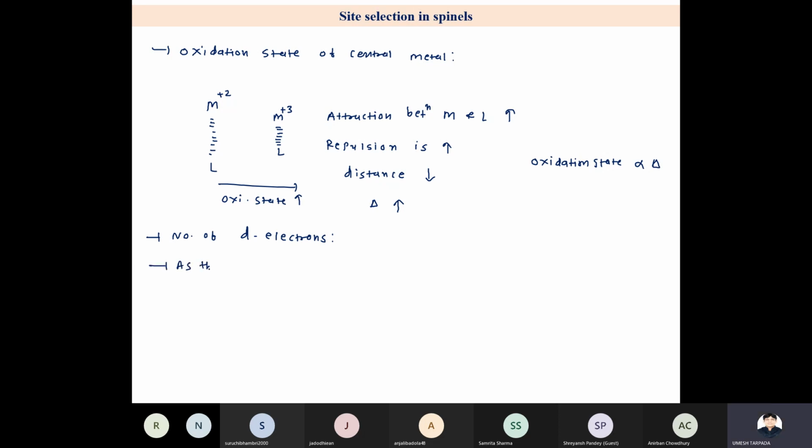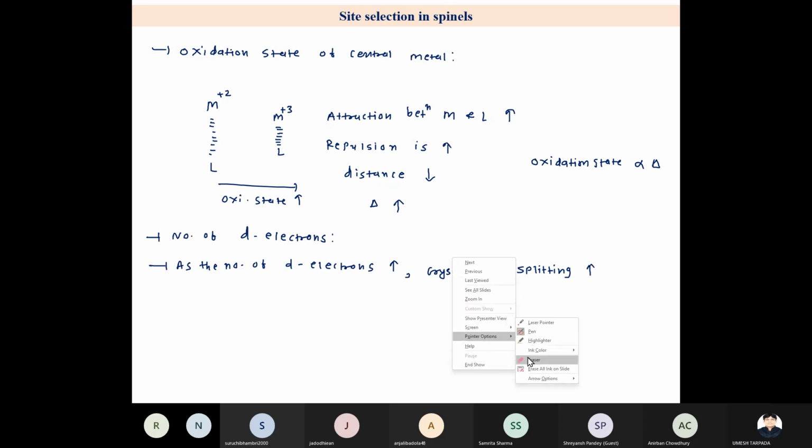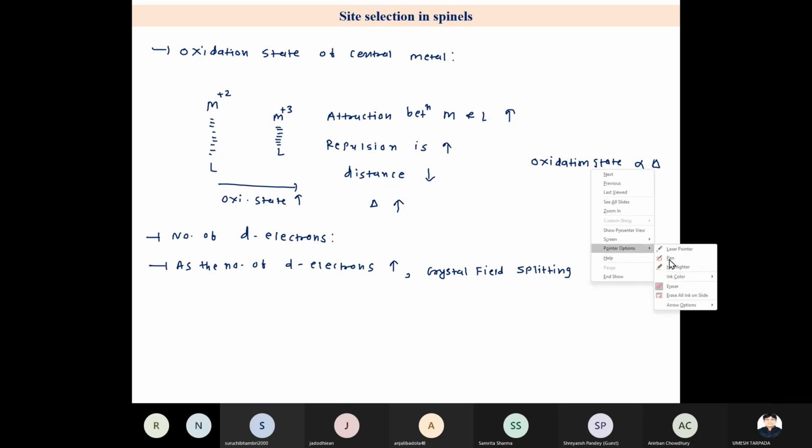So as the number of d electrons increases, the crystal field splitting decreases.